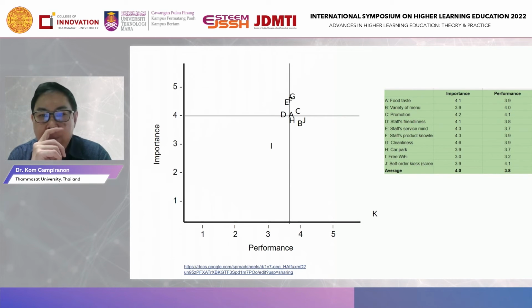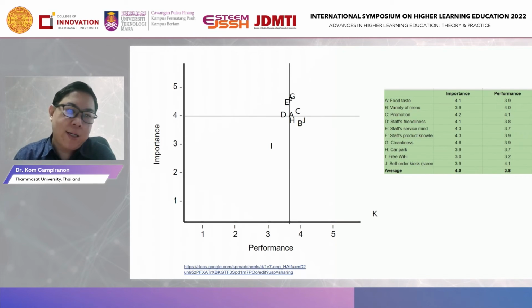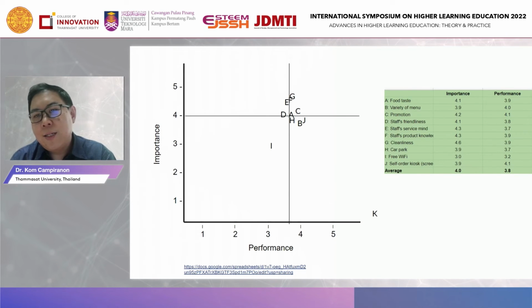Now, there are some things that they're doing too well, okay? And that is item H, which is the car park, right? So customers think that the car parking lot is not important, because maybe they're going to go there by bus, they can walk there, or maybe a lot of McDonald's are in the shopping mall, so the car park is not that important. But maybe McDonald's is doing too well, right?